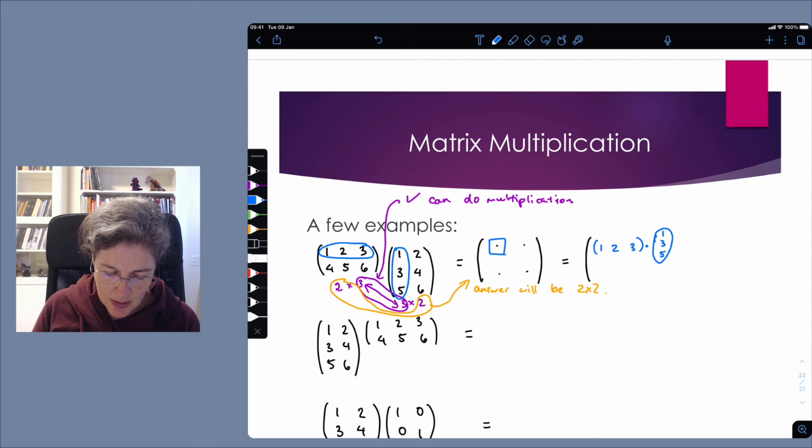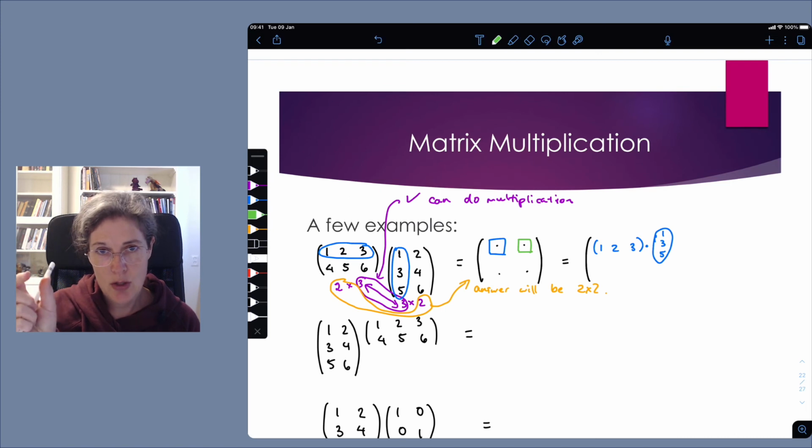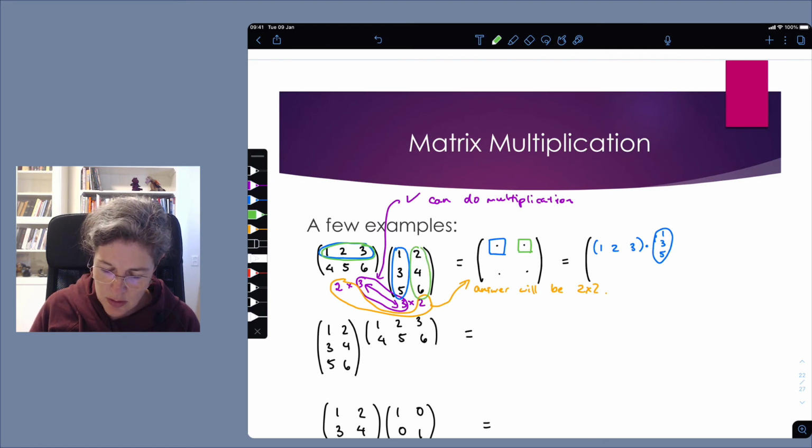Okay, and then if we look at this entry over here, that is the 1, 2 entry, so it says take the first row and dot it with the second column. So that's going to be our 1, 2, 3 dotted with 2, 4, 6.